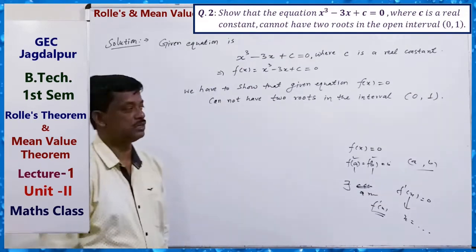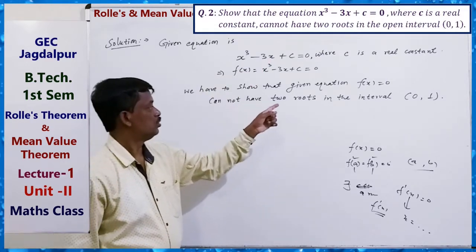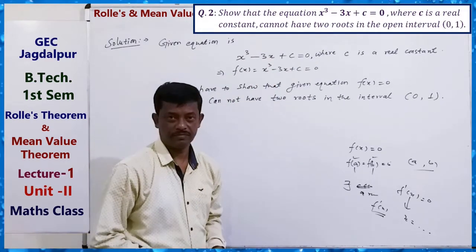According to the question, just we have to show that this equation cannot have two roots in the interval (0, 1).